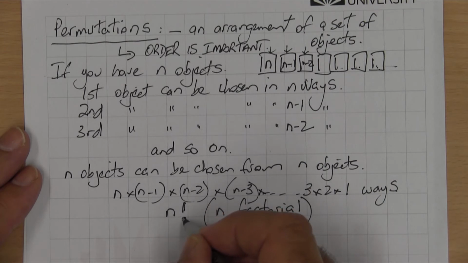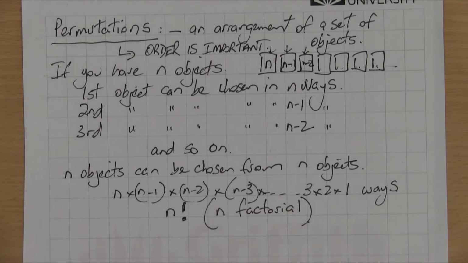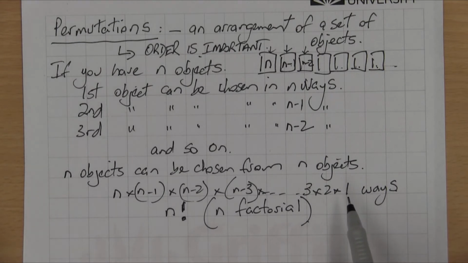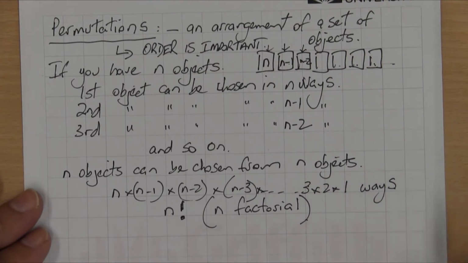It's basically an exclamation mark. So n factorial is n times n minus 1 times n minus 2, all the factors, all the way down to 1.